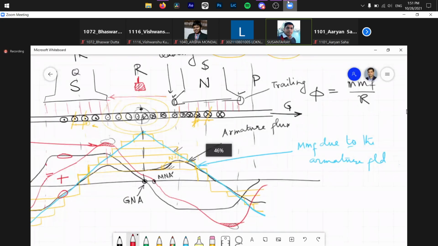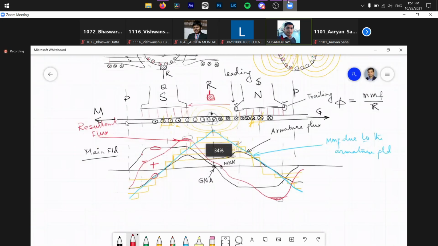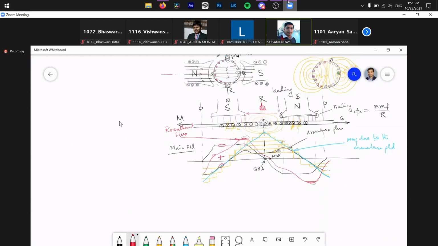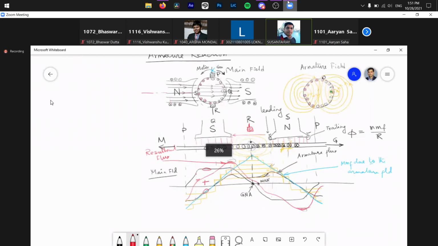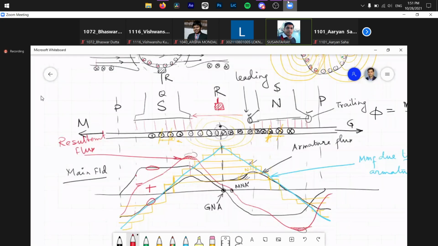In the previous figure you just tally with this. So P and R have the brush position. I will discuss that later, because that is related to the commutation. When I discuss the commutation, I will discuss that in detail. But generally we prefer to place the brush at the point where the flux becomes zero, okay, to avoid the sparking.